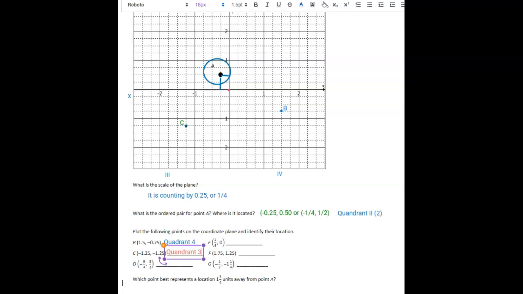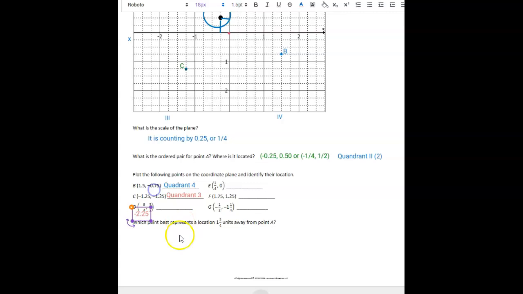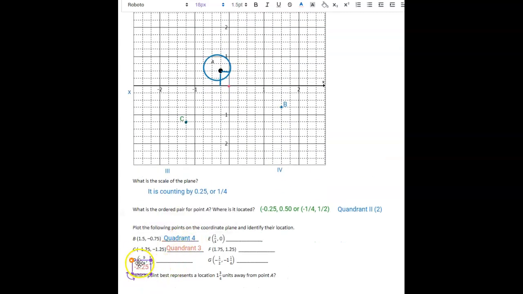So let's do 9 divided by negative 4. Your answer will stay a negative. 4 goes into 9 2 times, leaving behind a quarter. So your new ordered pair would be negative 2.25, comma.